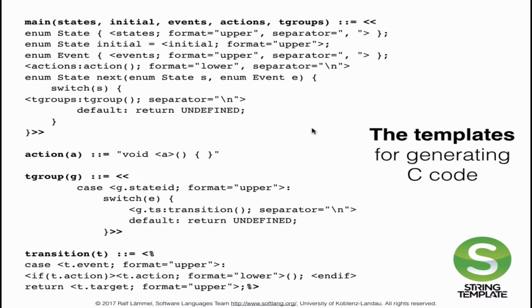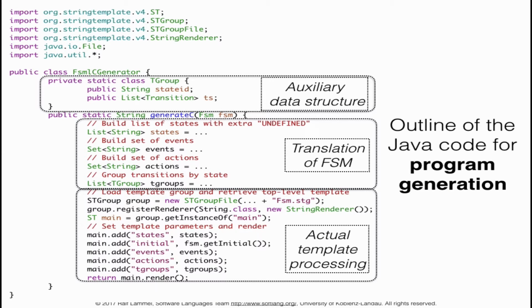Okay, we also need to write some Java code to actually fill in the template and to build up the data structure needed for the parameters. In this case, it's going to be really simple. We need some helper class here for the group of transitions, grouped by state ID.